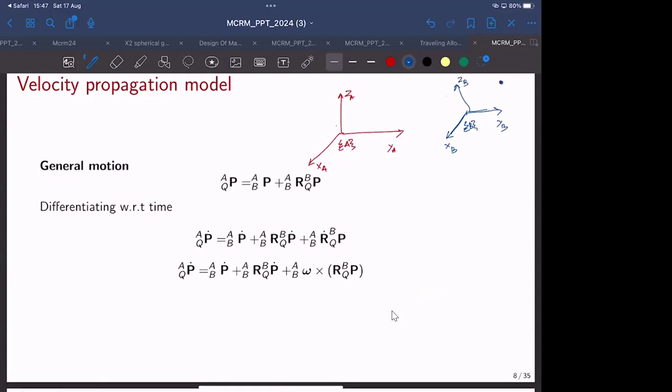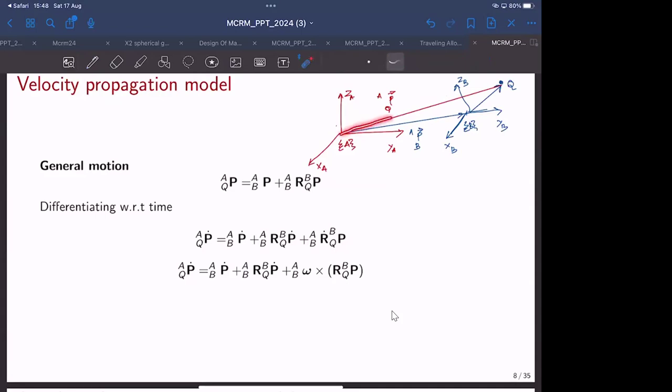And suppose we have a point Q that is attached on frame B, right? And the relative position of frame B with respect to A is specified by this vector, the position vector of B with respect to A. And if you want to find out the position vector of Q with respect to A, how would you write this equation?